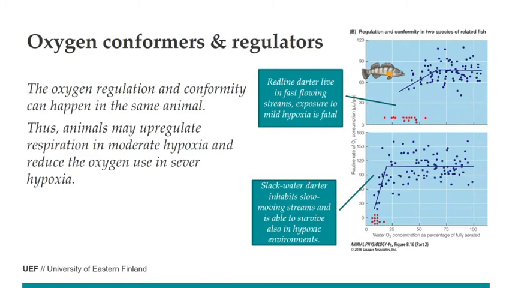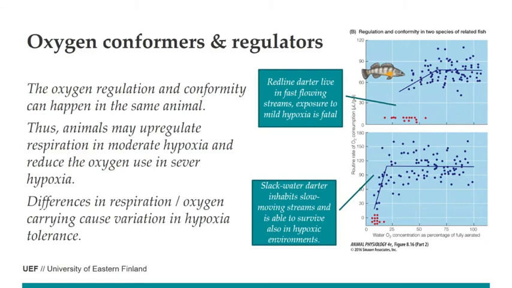But then when there's a severe lack of oxygen, the oxygen consumption will drop. And these animals can have differences in when they drop it. So in the top one there's a red line, darter, an American fish that is living in fast flowing streams. The exposure to mild hypoxia is actually fatal.